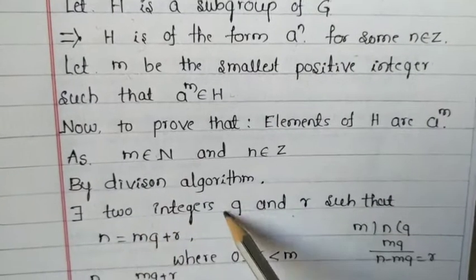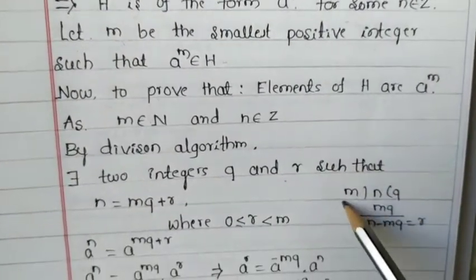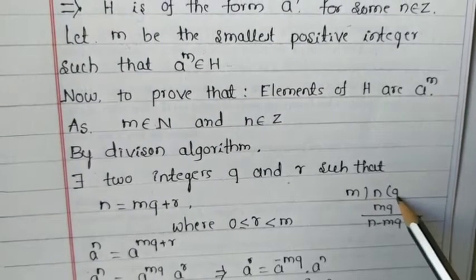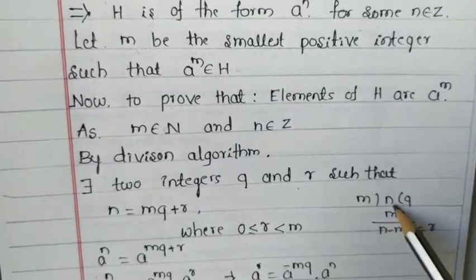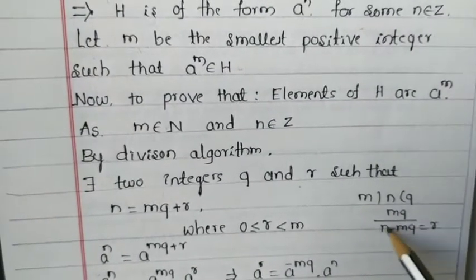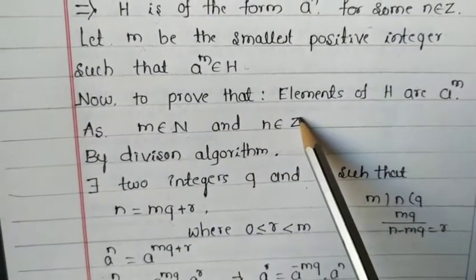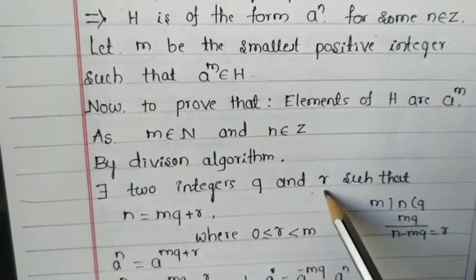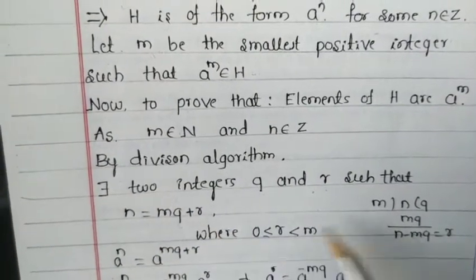There exist two other integers q and r such that, suppose n is divided by m, there will be the quotient q. M into q is multiplied and written below the n. The subtraction of n minus mq is the remainder r. Then n equals mq plus r. If there are two numbers m and n, there exist two numbers q and r such that n can be written as mq plus r, where r is the remainder.